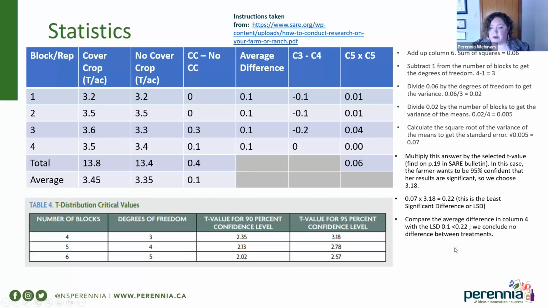We're going to compare that to our average in column 4, which is 0.1, and our least significant difference is 0.22. So our actual average difference is less than that, and we conclude that there is no difference between our treatments. No significant differences.